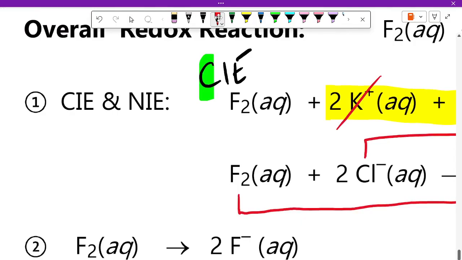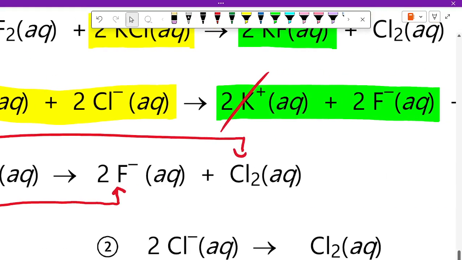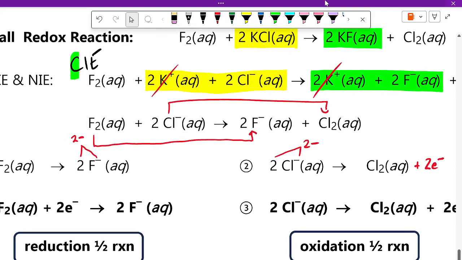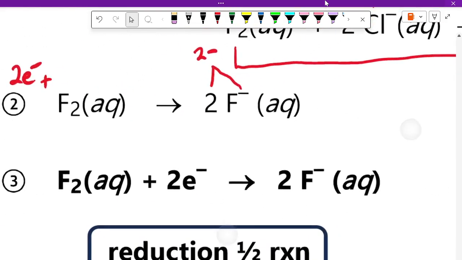Reactants, because I've already got 2 negative over here, so we would need to have 2 electrons here. Over on the right, we have 2 negative on the left, so we would need to add 2 electrons to make it 2 negative on the right. Is that good? Okay, excellent. So we now have our half reactions.